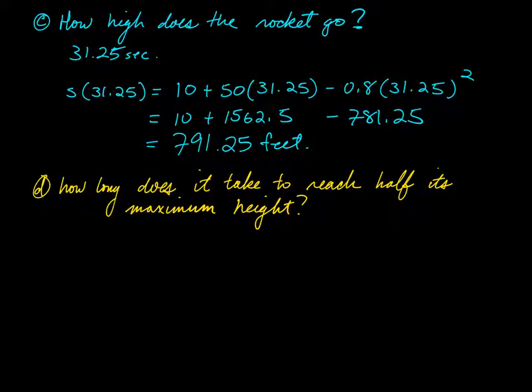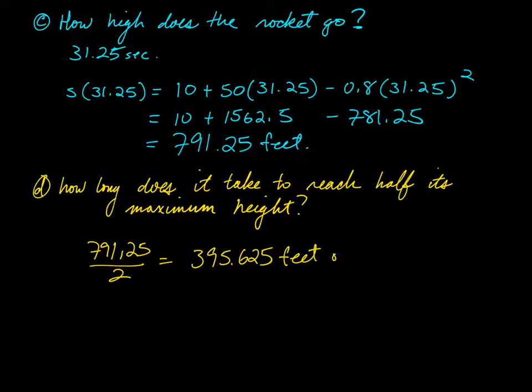The first thing we need is half of that height. 791.25 over 2 equals 395.625 feet, or 395 and 5/8 feet.